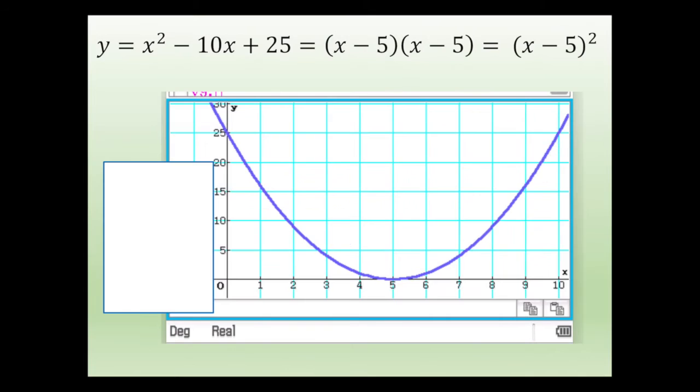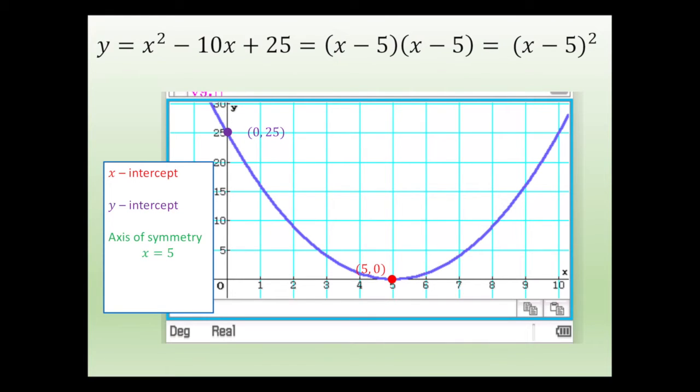The next one, y equals x squared minus 10x plus 25, which is (x - 5) all squared. In this case, you know that the x-intercept is only (5, 0). There's only one x-intercept or one root. The y-intercept, you can read from the general form, +25.